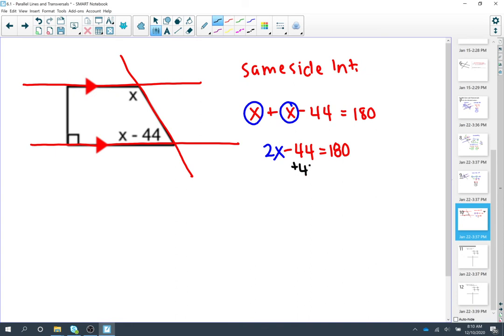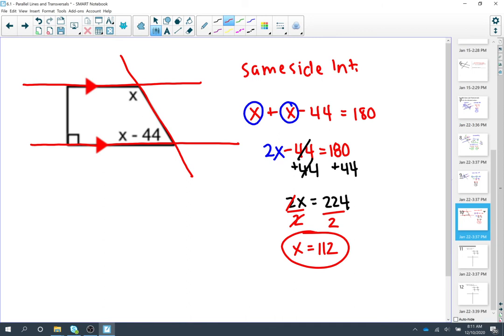Add 44. So 2x equals, let's see, 180 plus 44 is 224. Divide by 2. X equals 112.